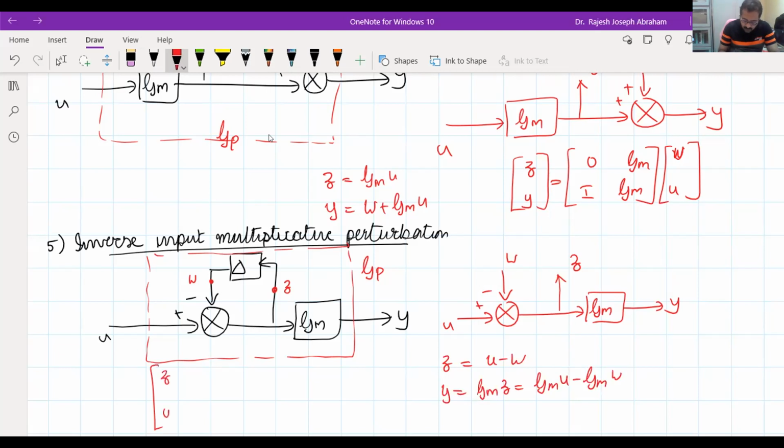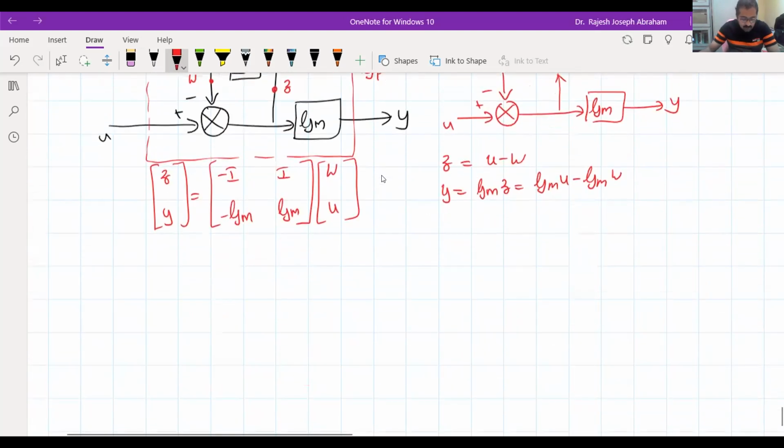Z Y equals some matrix into W U. From the Z equation, for W it is minus I, and for U it is plus I. And from the Y equation, corresponding to U we have plus GM, and corresponding to W we have minus GM plus G. So in this way, inverse input multiplicative perturbation has been represented as a standard upper LFT form.